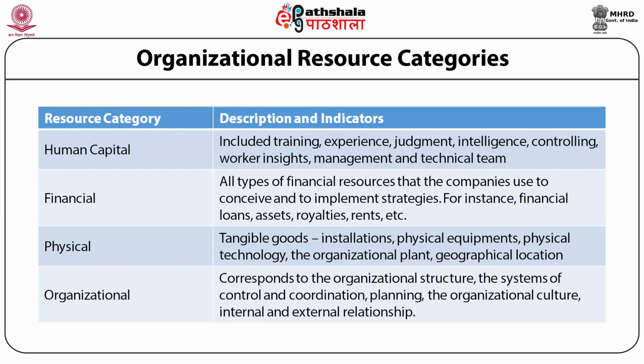For example, the quality of installations, the physical equipments it possesses, what is the technology that they have access to, the kind of organizational plants they have, as well as the geographical location where they operate can be part of the physical resource. And finally, the fourth important category is the organizational resource, which corresponds to the organizational structure, the systems of control and coordination, planning, the organizational culture, or the internal and external relationship. They can be classified as part of the organizational resource.